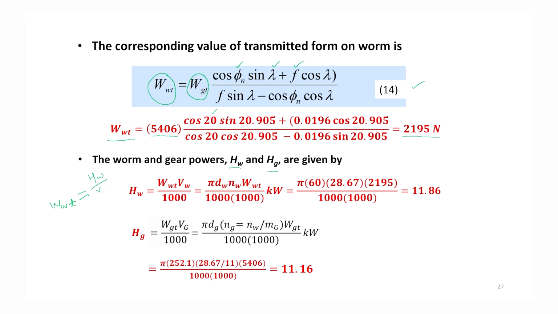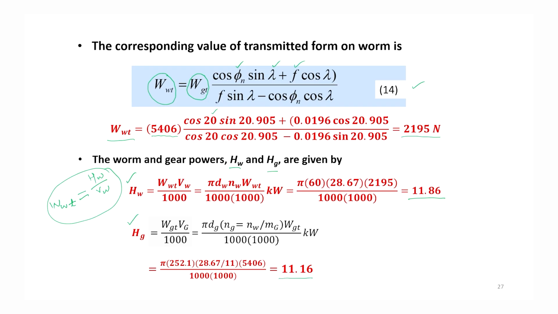Very much similar formula, but here as pitch line velocity is different, and so power on the worm and power on the gear is obtained separately, and that is 11.86 is the power transmitted on the worm, and the power which is transmitted on the gear is 11.16.